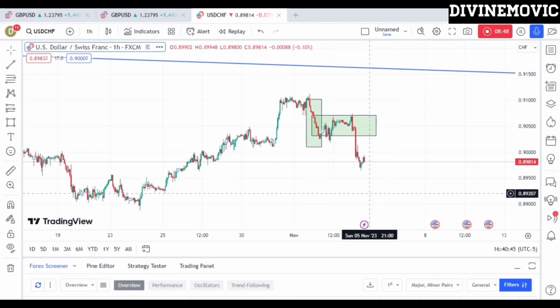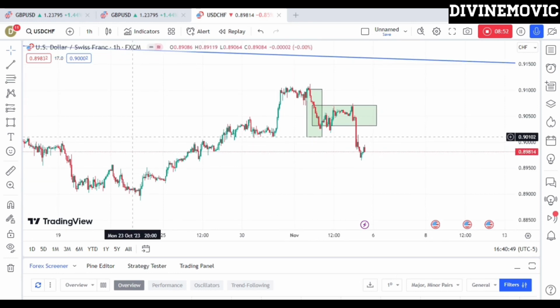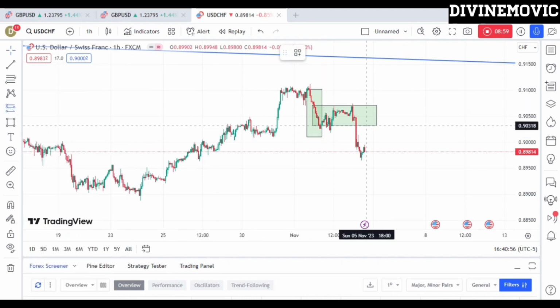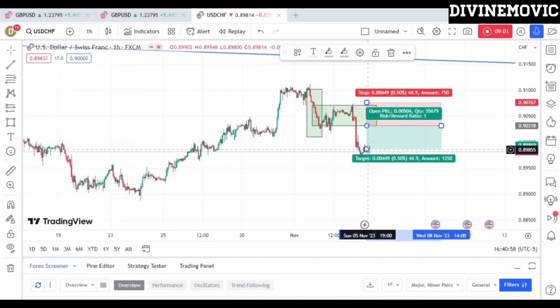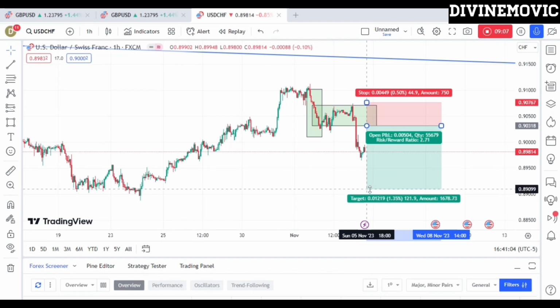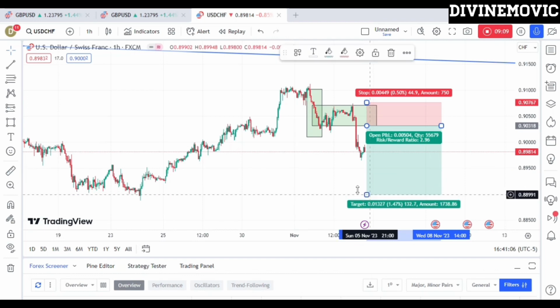So for me, this setup is simply going to be like this. Going to short from here and then can target our low here.